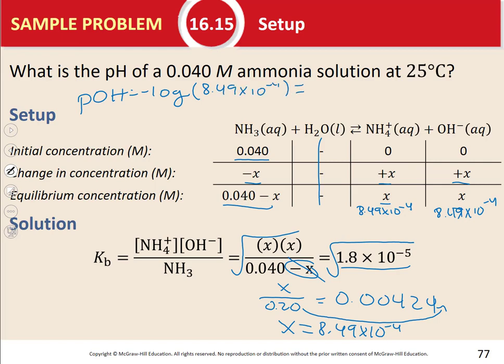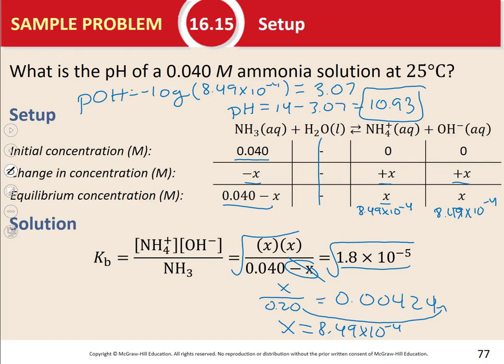And that gives us a POH value of 3.07. Which means, what is our pH? Good, 10.93, or 14 minus 3.07. And there's your final answer, 10.93.